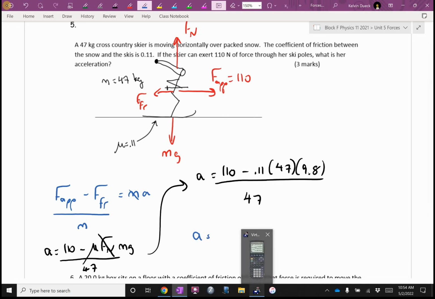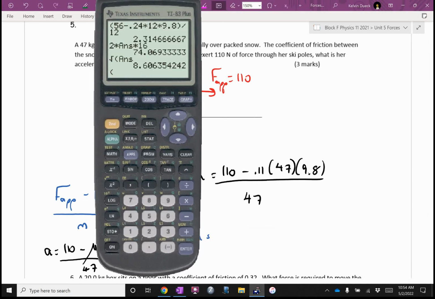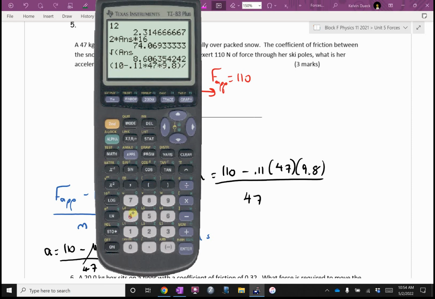Let's see. 110 minus 0.11 times 47 times 9.8 divided by 47. Got a typo? F applied minus mu times the normal force.